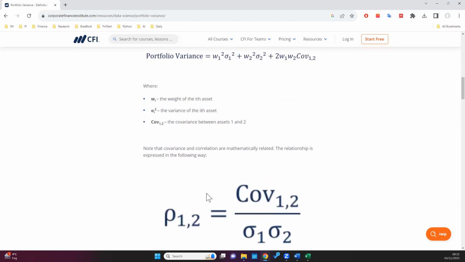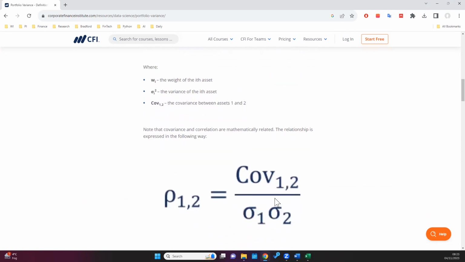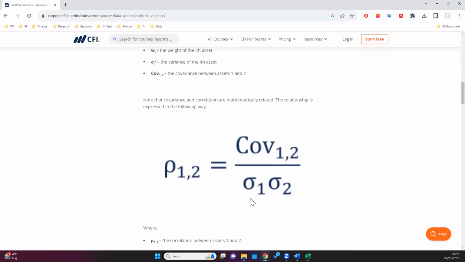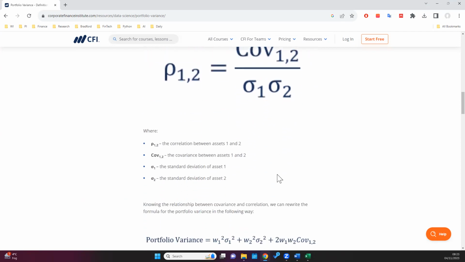And remember, instead of covariance in this formula, we can put a correlation, but remember the relation between correlation and variance and covariance. So correlation between stock 1 and 2 is equal to their covariance over their standard deviation multiplication of their standard deviation, all right?